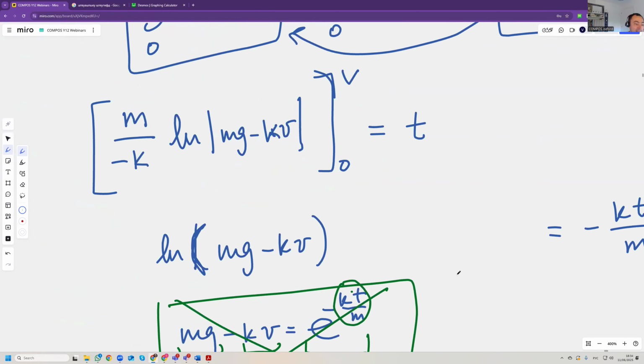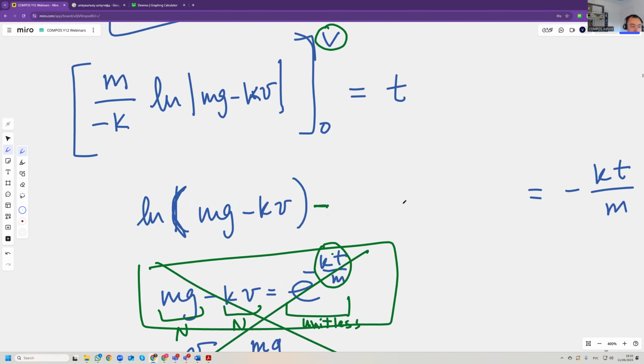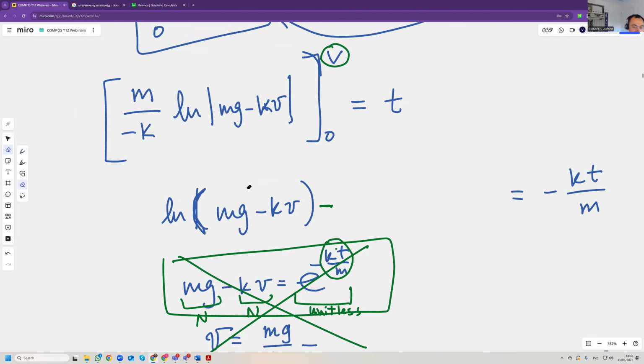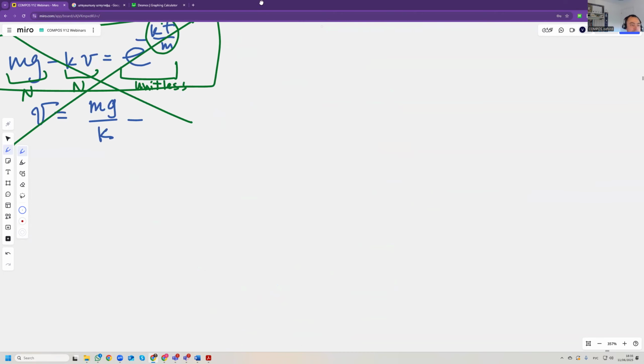And the mistake is this. When I substitute the top limit and then subtract, I have to substitute the bottom limit, and it's not zero. It's minus. I was in a hurry doing that. So it's minus m over k, and it's plus m over k ln mg.